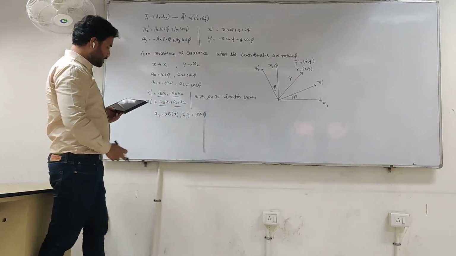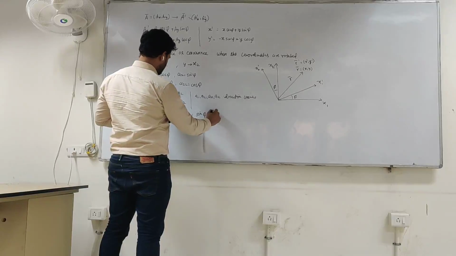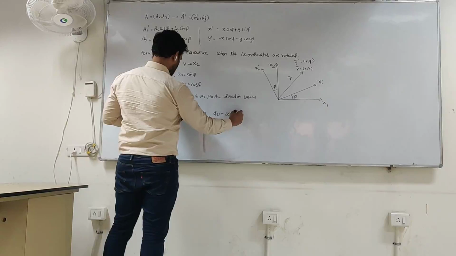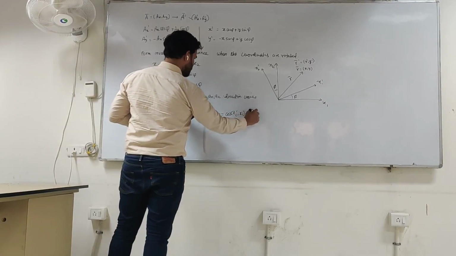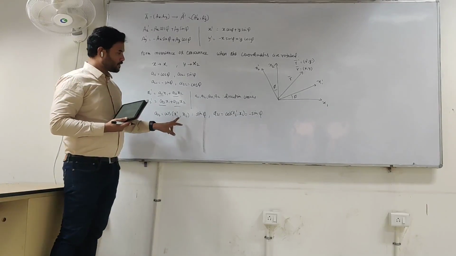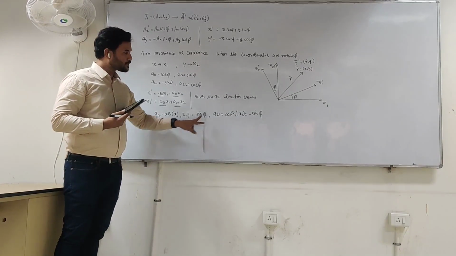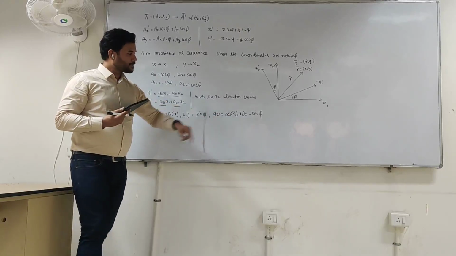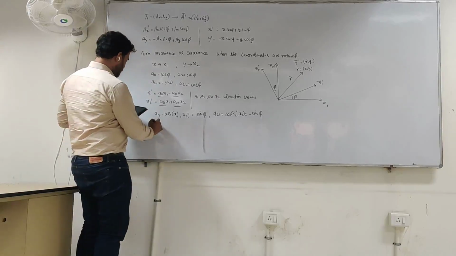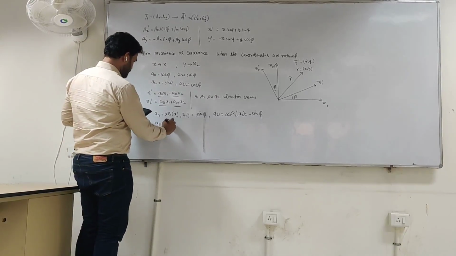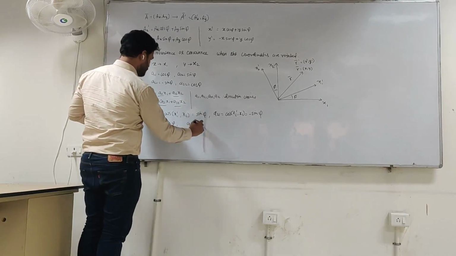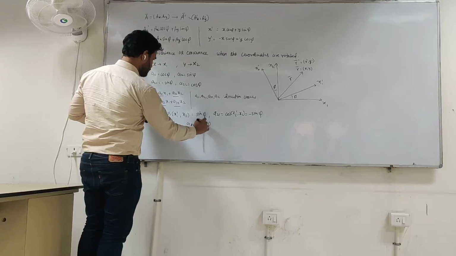Similarly, a21, the cosine between x2 prime and x1, is equal to minus sin phi. We can see that the cosine of the angle between these positive axes is sin phi and minus sin phi. Similarly, you can see that a11 is equal to cos phi and a22 is equal to cos phi.